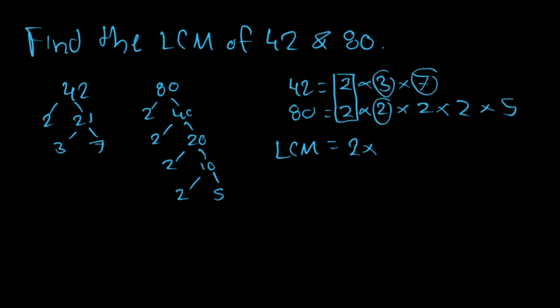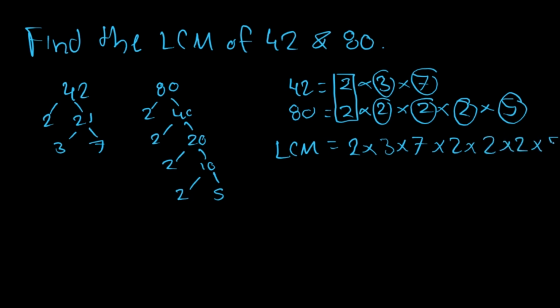So all these numbers, you would add them at the end. So 2 times 3 times 7 times 2 times 2 times 2 again times 5. So that would give you 2 to the power of 4 times 3 times 5 times 7, and the answer would be, just use your calculator to find this, 1680.